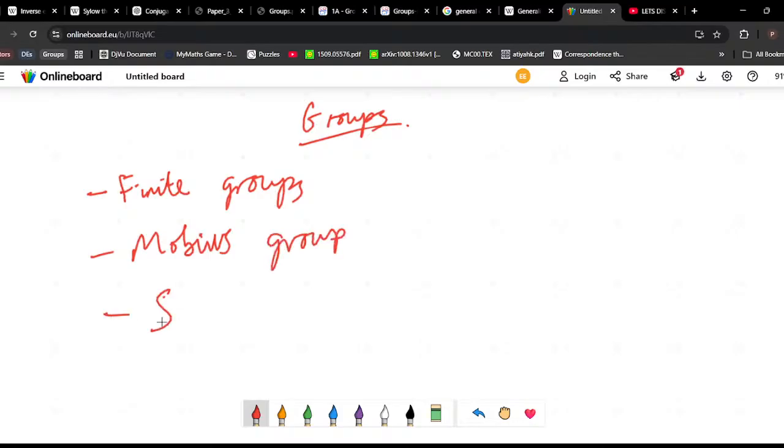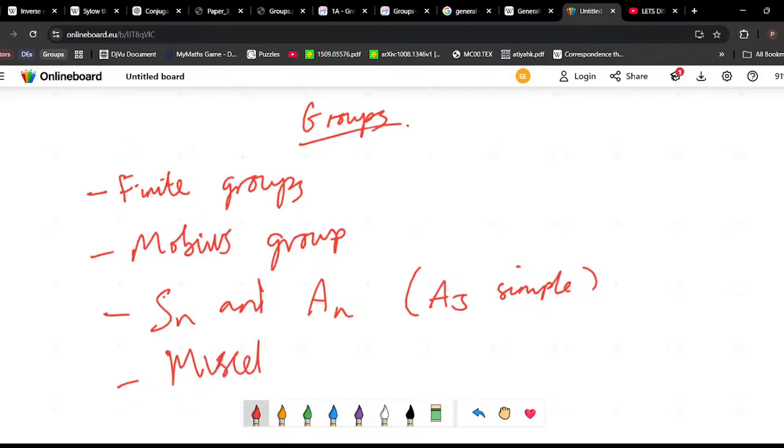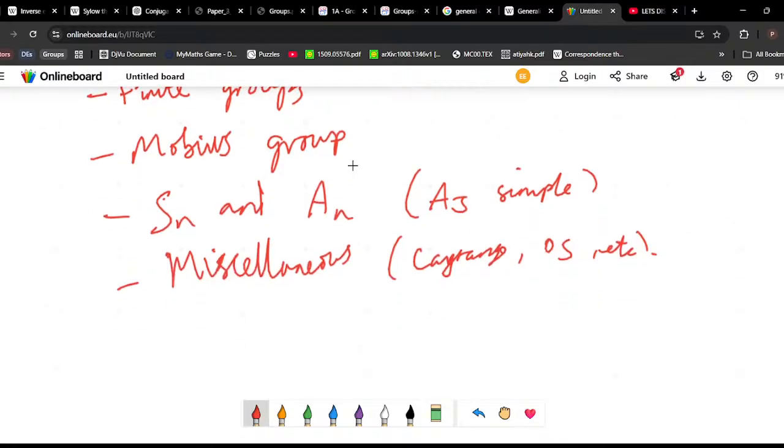I want to talk about Sn and An, why A5 is simple, and maybe some stuff miscellaneous, I'll call it, like Lagrange and so on. Okay. And that should suffice, I guess.